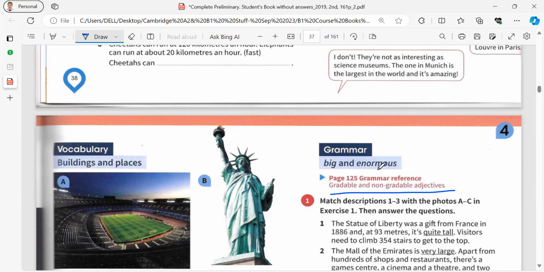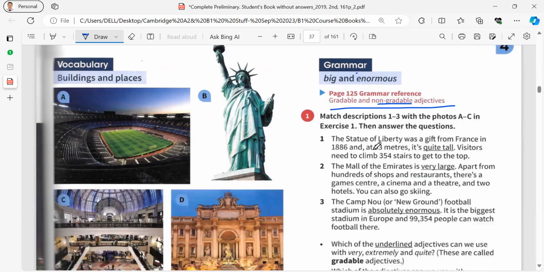But enormous is non-gradable, you can't use very. Enormous means very big or huge. Clear? Yes, clear.